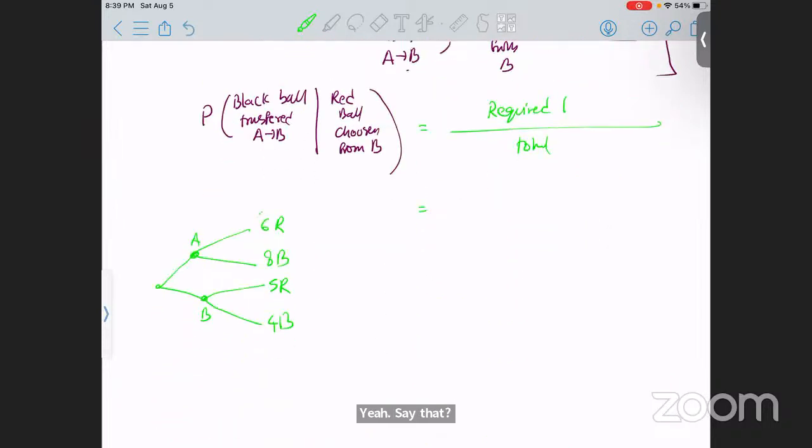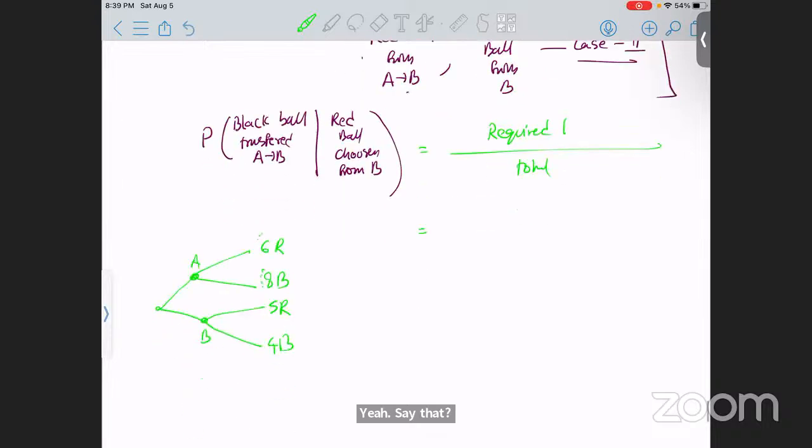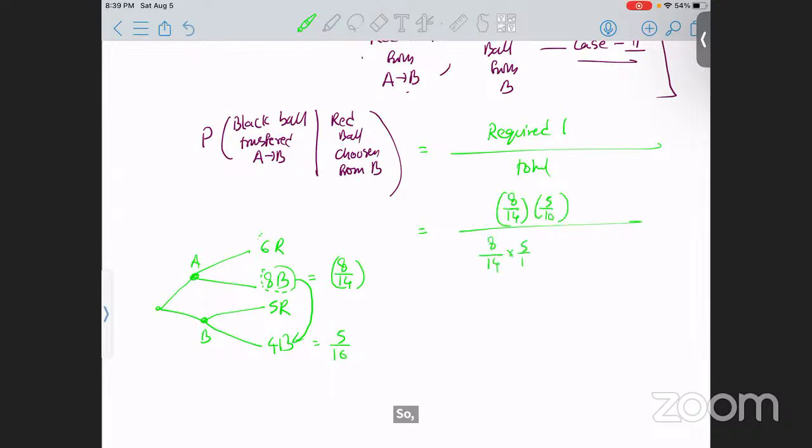First case is black transferred from here to here. What is the probability of black here? 8 by 14. And transferred to here, it is 5 by 10. So case 1 is 8 by 14 into 5 by 10.